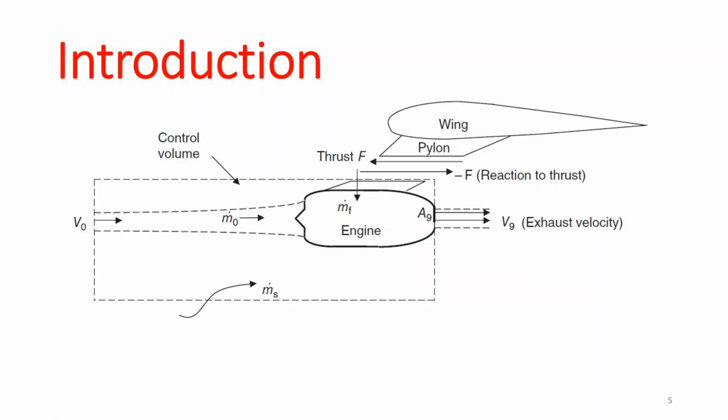Is there anyone who can explain to me why we are not choosing the jet engine itself as a control volume? Why are we making it bigger? What is the difference?